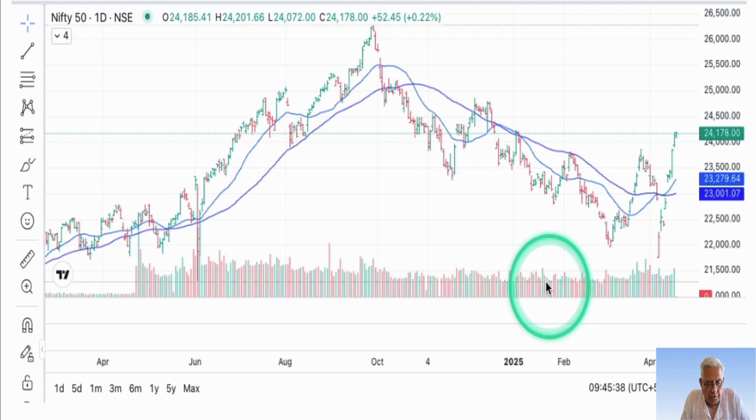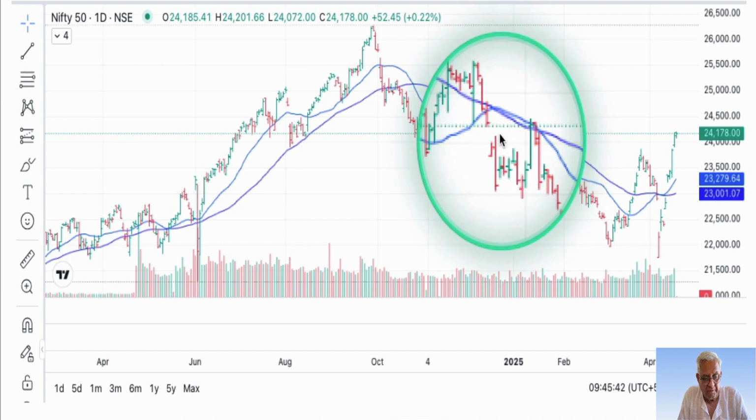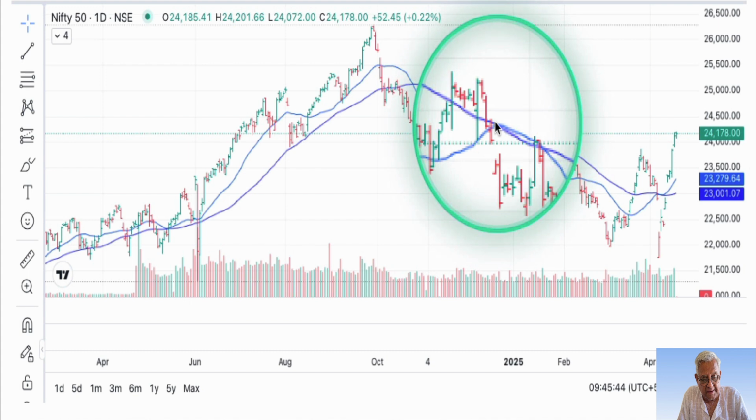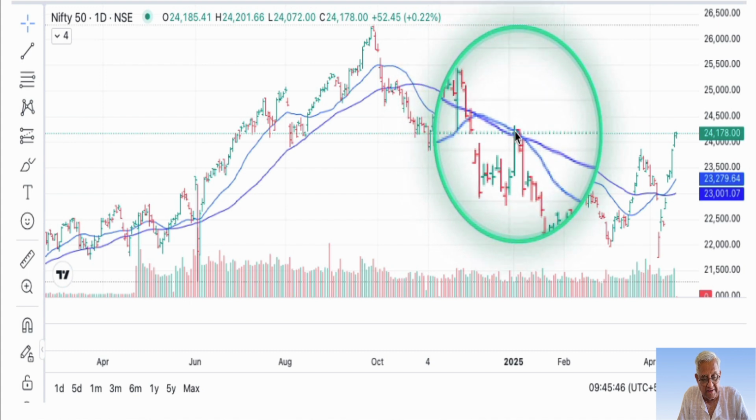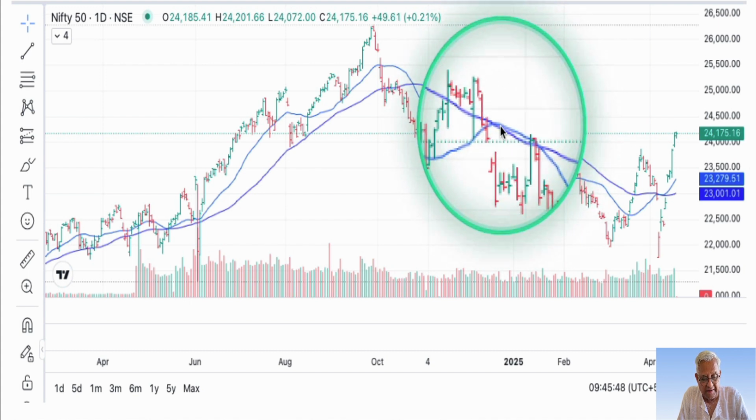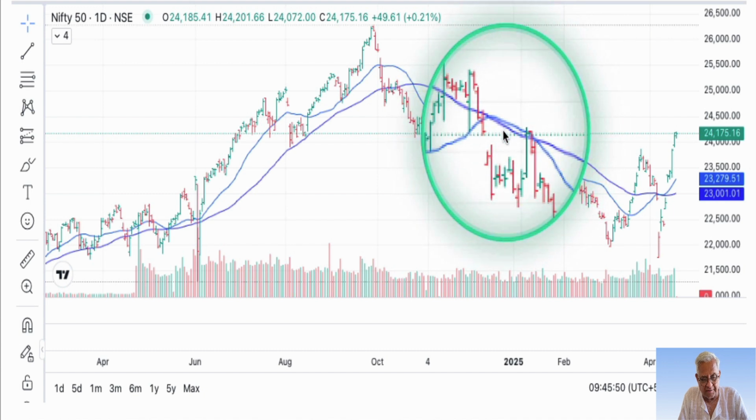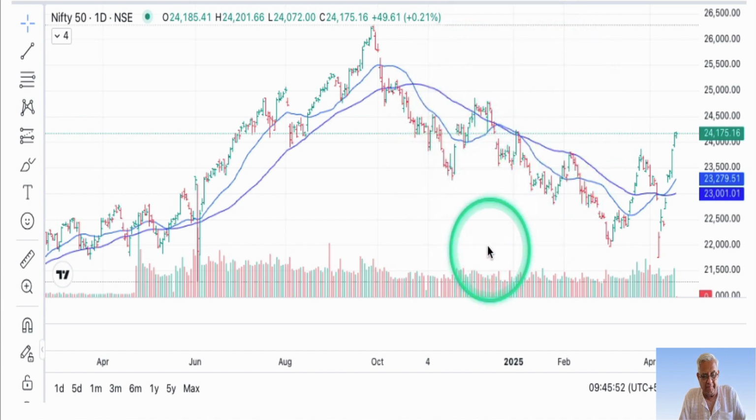But if you look closely, say here, it has said there is a buy signal here and there is a sell signal here. But then this is not so sure. It's not a very clear signal. So this is an ambiguous signal. Okay? It's not a false signal, but it's an ambiguous signal.